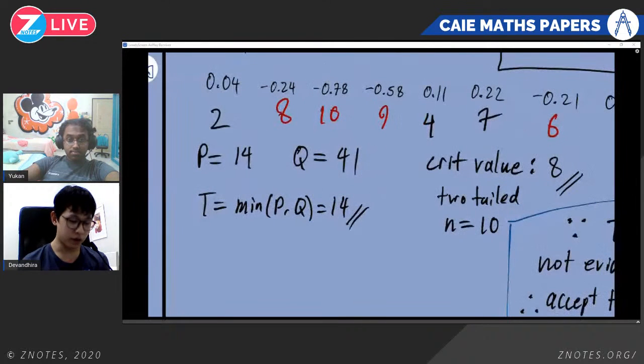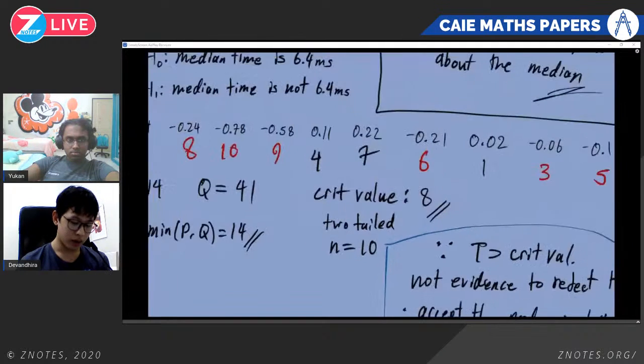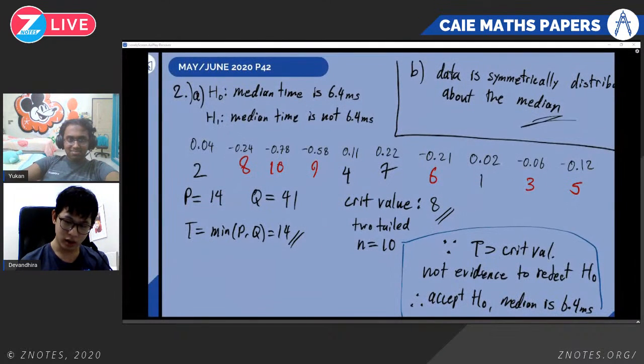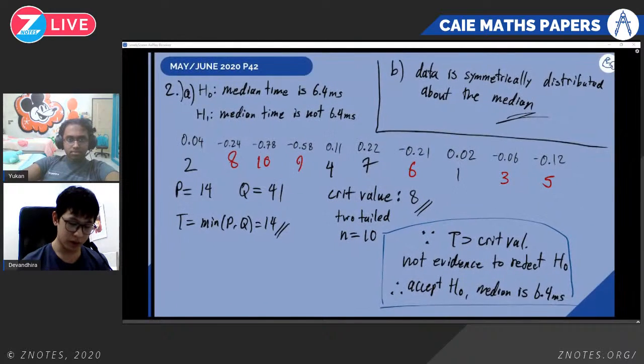Now we still have to look for the critical value. Remember, our experiment is two-tailed because we want to say it's either unequal to 6.4 or not equal to 6.4. That's why it's two-tailed. And our number of samples is 10, so n is equal to 10.